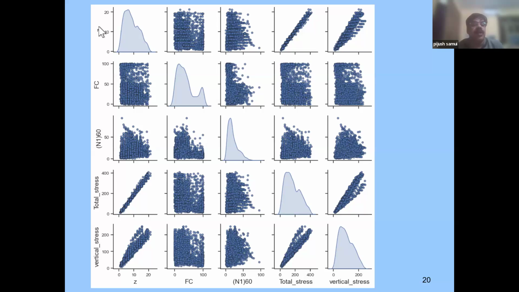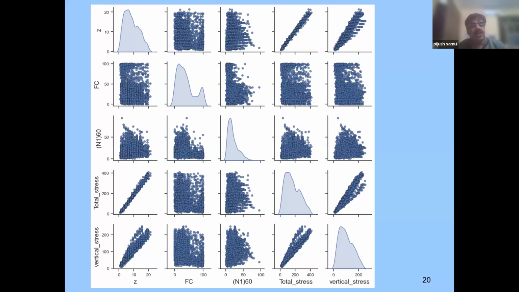Now the data set, if you look at it, we have tried to develop some probability distribution of the data set and correlation between the variables. So this is the normal distribution, and this is your Z axis. This is FC. This is SPT value. This is total stress and vertical stress.